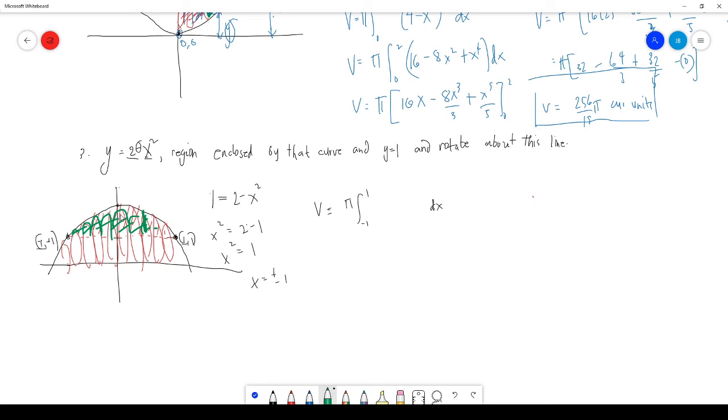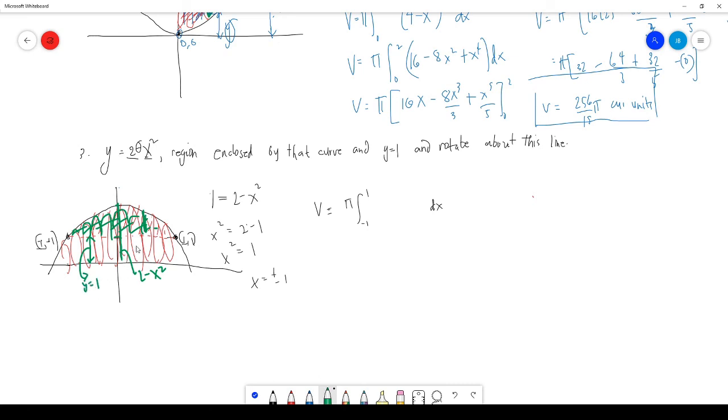This curve right here is equivalent to 2 minus x squared, the whole of that. So this one is your y, which is equivalent to 1, right? So this is y is equal to 1.